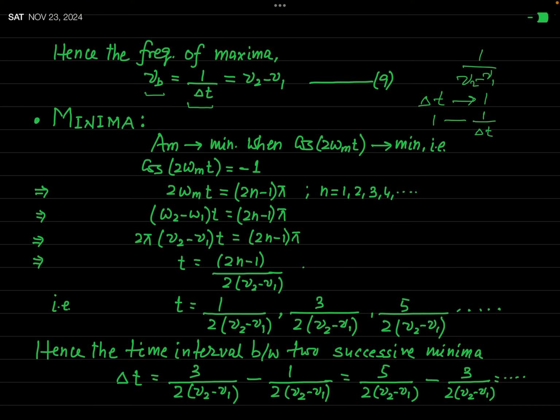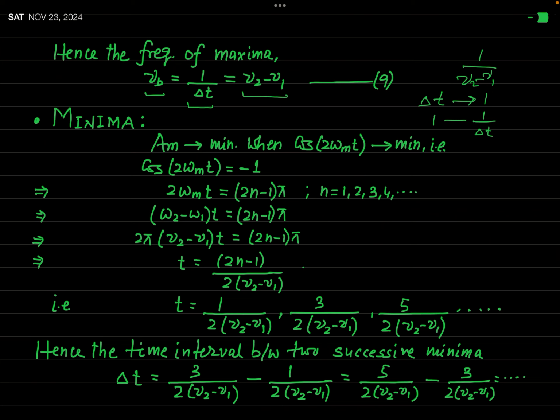In other words, you can also say that the frequency of maxima is simply equal to the reciprocal of the time interval between two consecutive or two successive maxima. But you have seen that this delta t is 1 over nu2 minus nu1. So 1 over delta t will be simply equal to nu2 minus nu1.